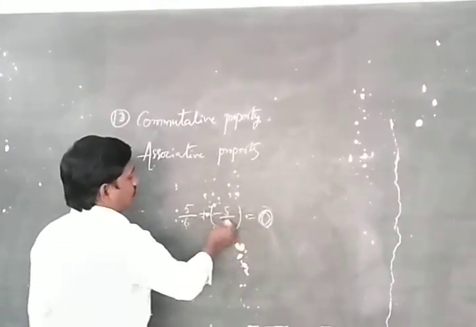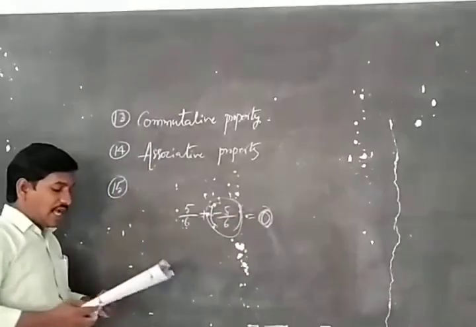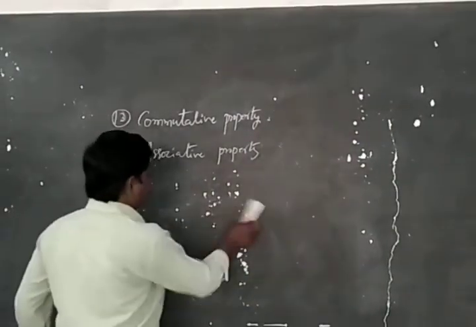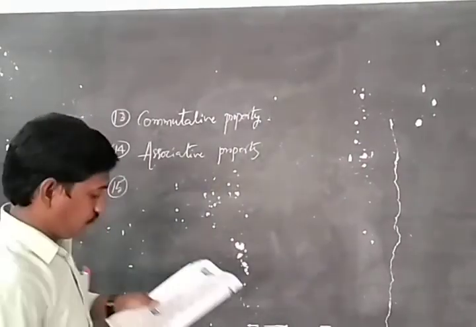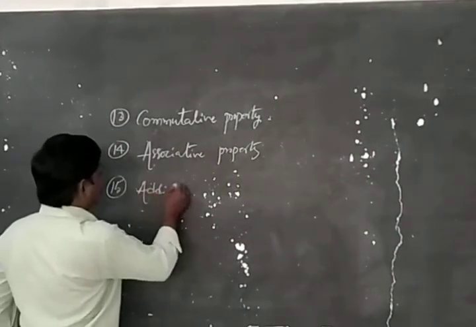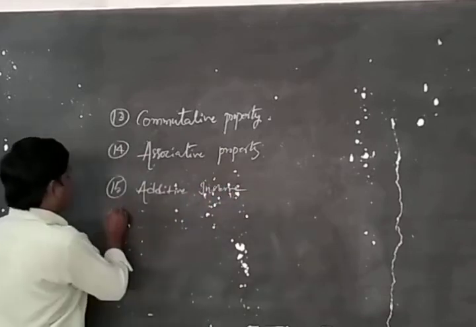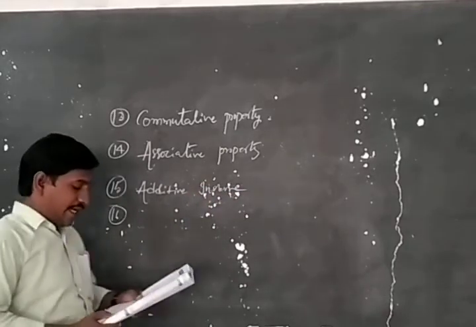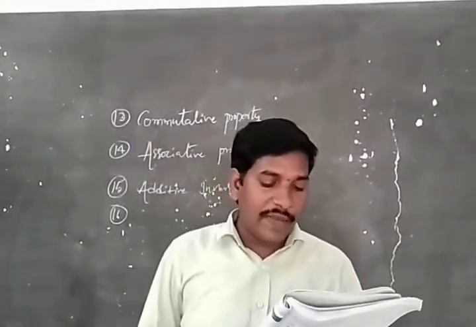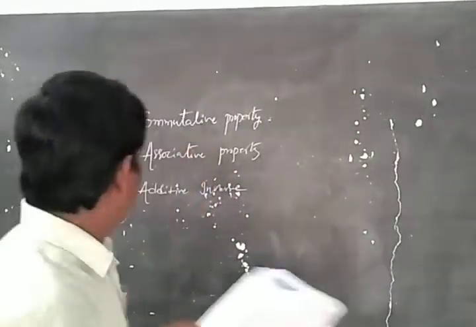When you get 0 by adding, this is called additive inverse.